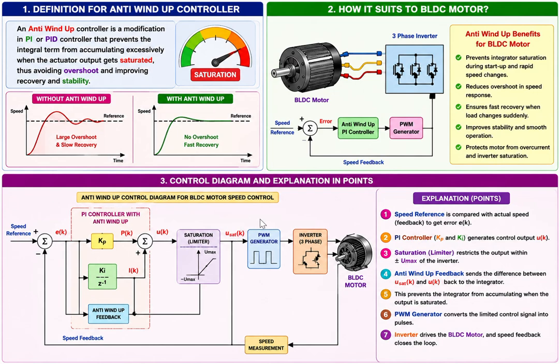Then it is given to the PWM generator, which converts this saturated signal into the required pulses for the switching devices in the inverter, so that the inverter switches are switching accordingly. Then the controlled output voltage is given to the BLDC motor to achieve the required speed.